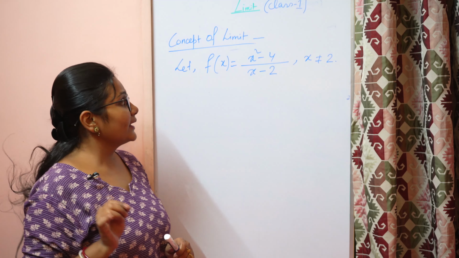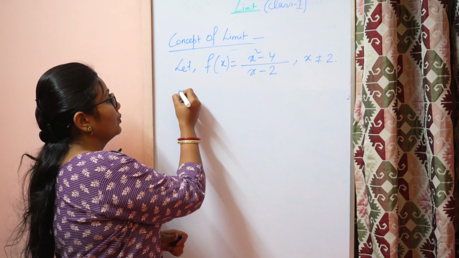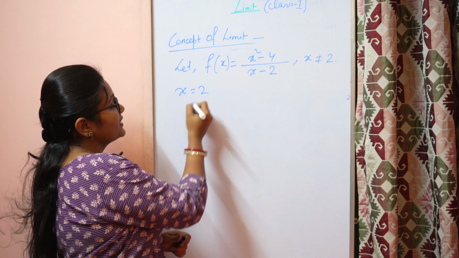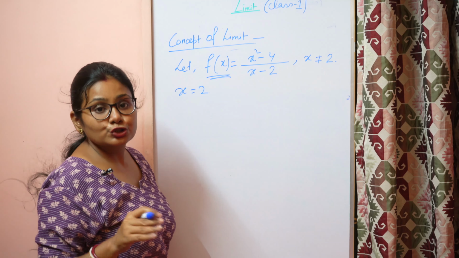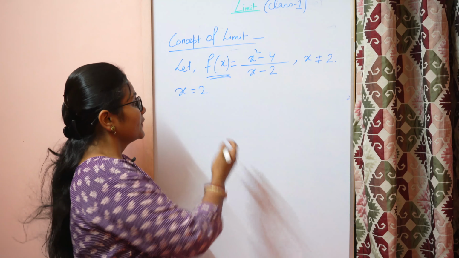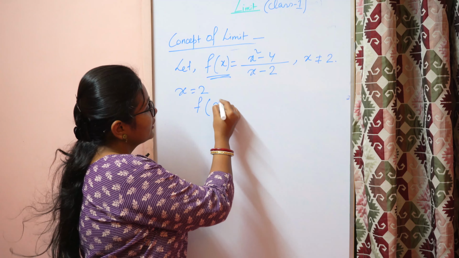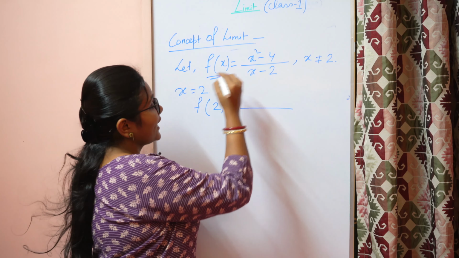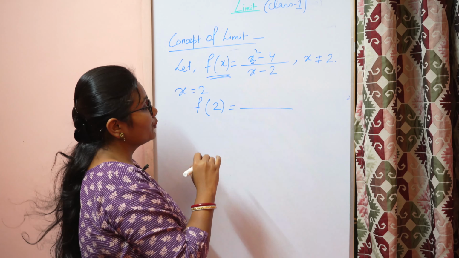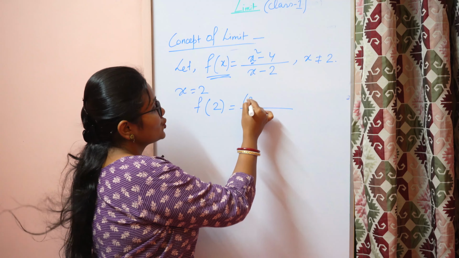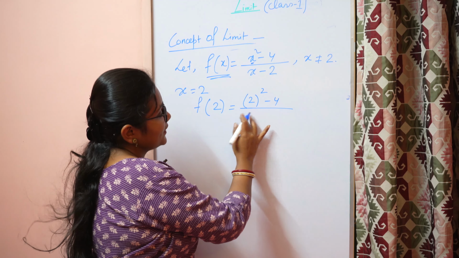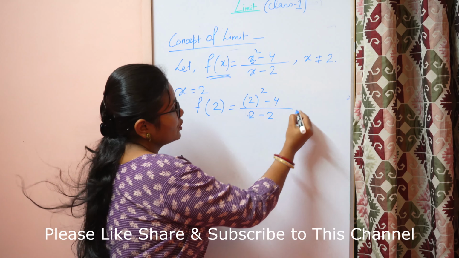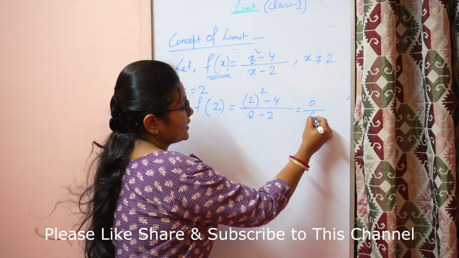Suppose I am taking the value x is equal to 2, which means you have to find out the value of f(x) at the point x equal to 2. So f(2) will be equal to, in place of x we have to put 2, that is 2 whole square minus 4 by 2 minus 2. That means you will get 0 by 0.